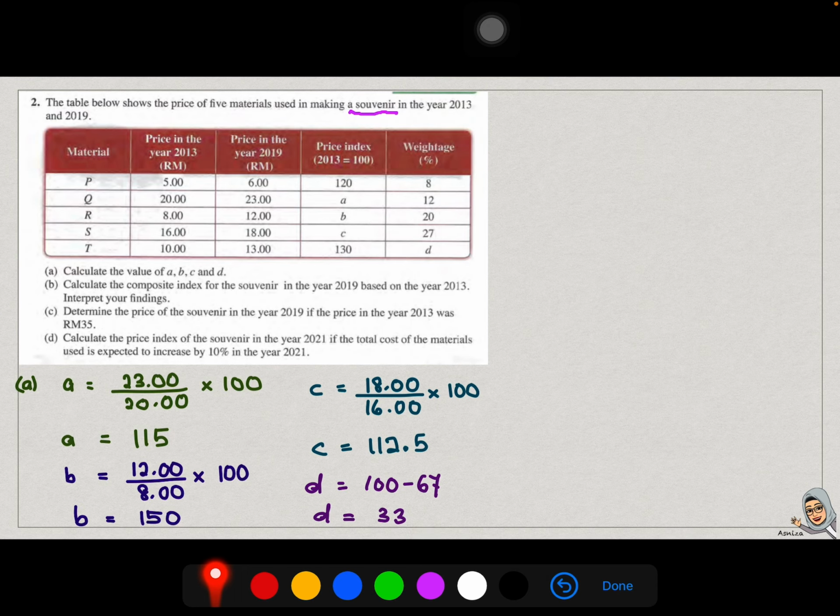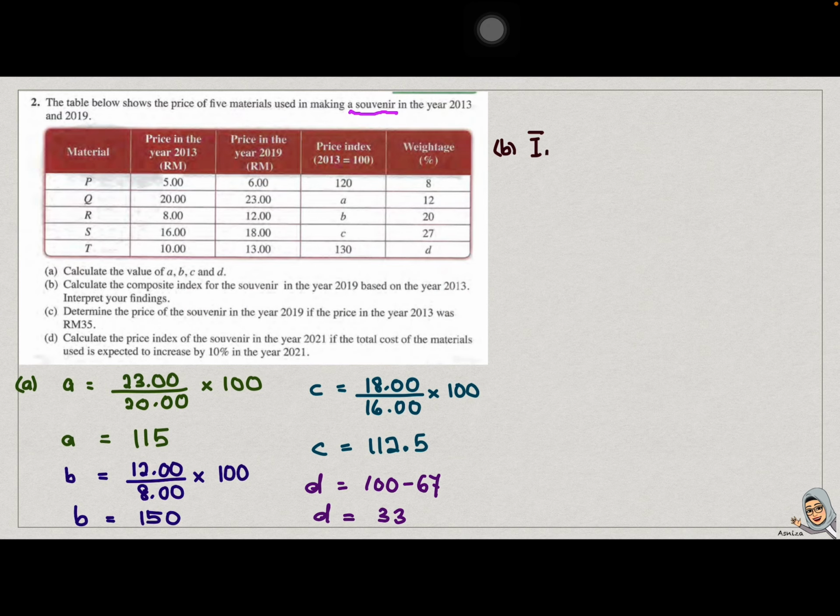For B, we have to calculate the composite index for the souvenir in the year 2019 based on the year 2013, and then interpret your findings. Now let's use the composite index formula.